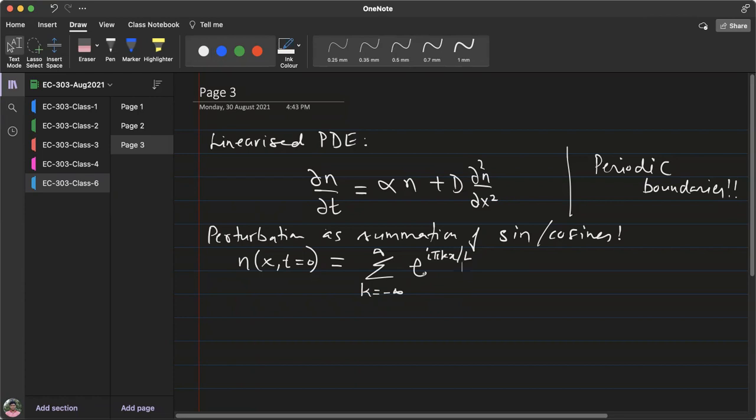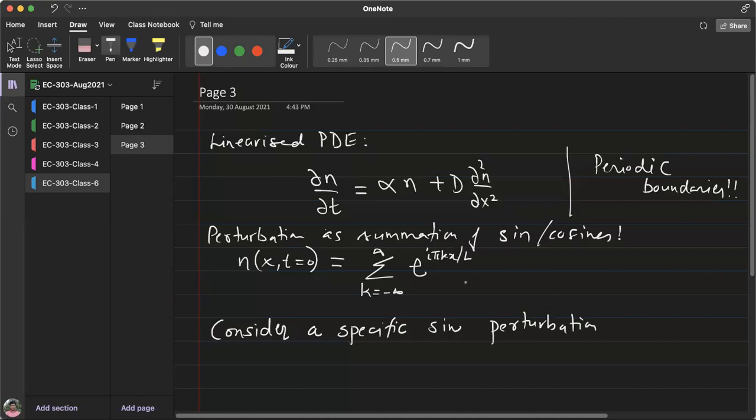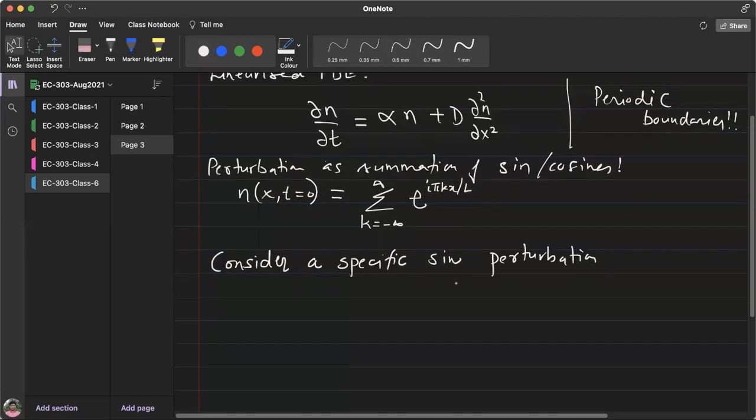Let's do something simple right now and consider a very specific sinusoidal perturbation. I have decided not to use the complex exponential for the time being, just to keep the overall math more intuitive.